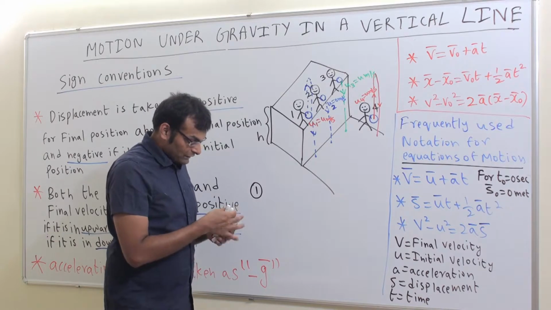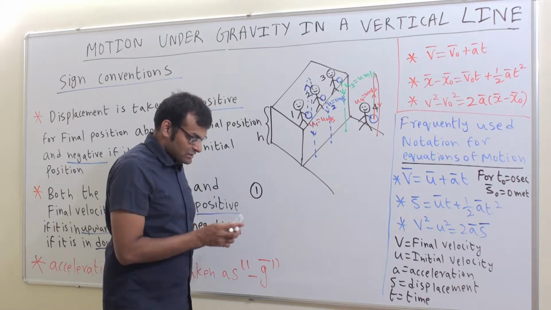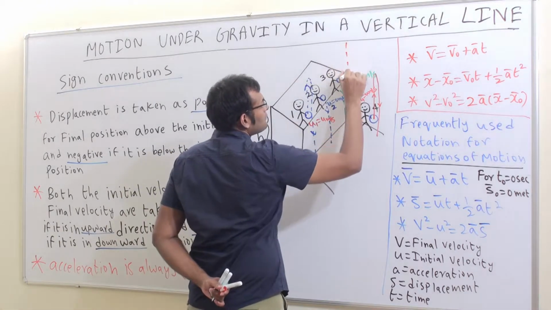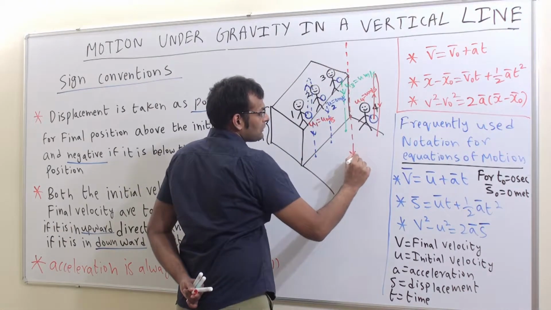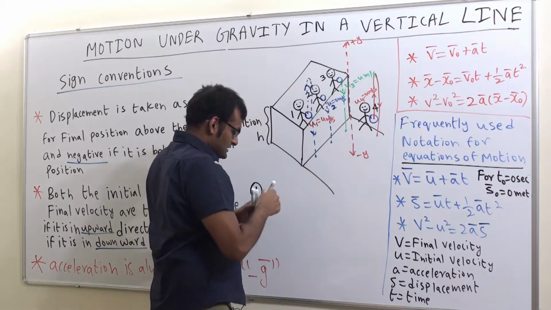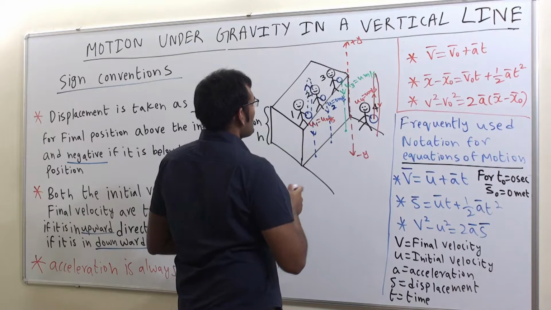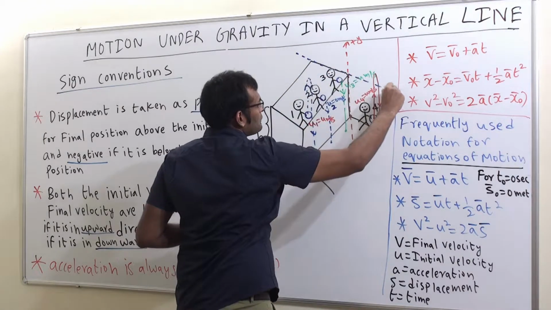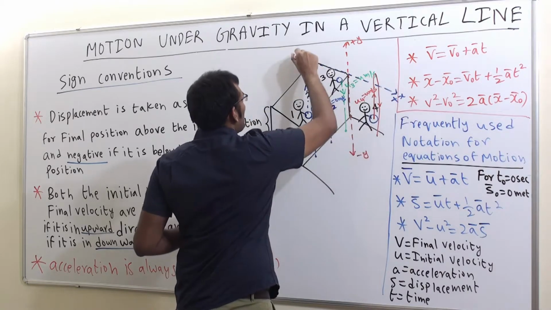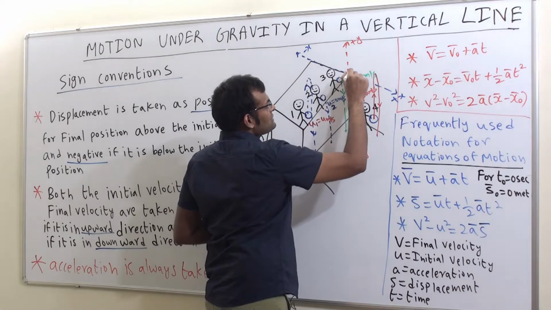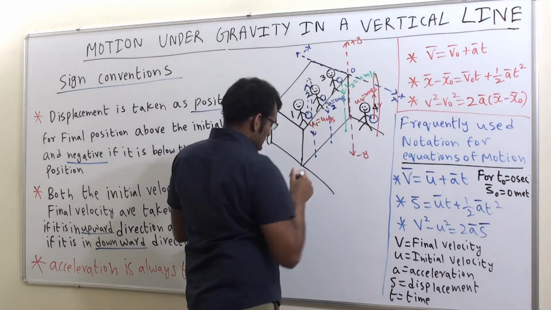I am going to take two XY coordinate systems and apply them here. Let's take this as minus y, this is plus y. Let's take another one here. It is something like this. This is plus x and this is minus x. Let's take this as the zero position, the origin.